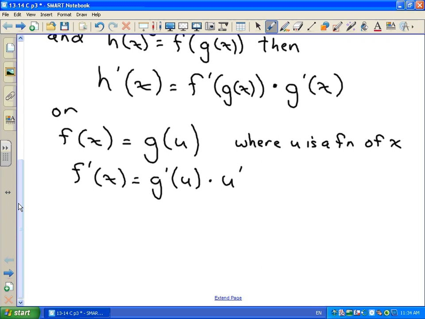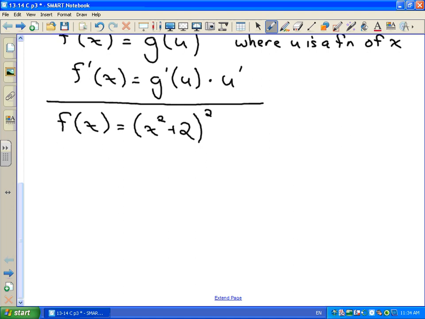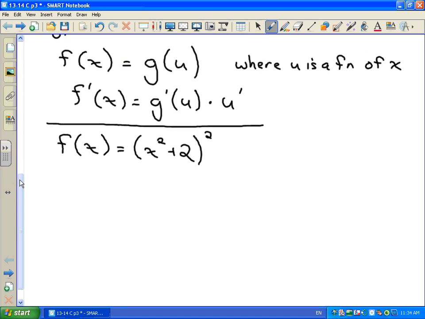So for example, let's just draw a line here. The function that we were working with up above was f at x is x squared plus 2 all squared. Okay. Using that notation that I just introduced there, what is u? What is our inner function of x here?